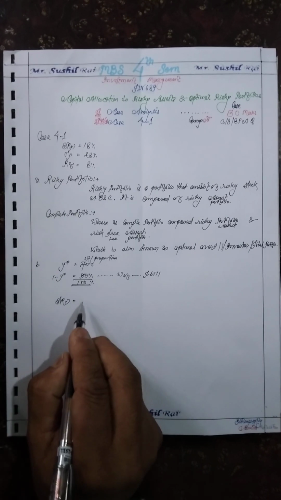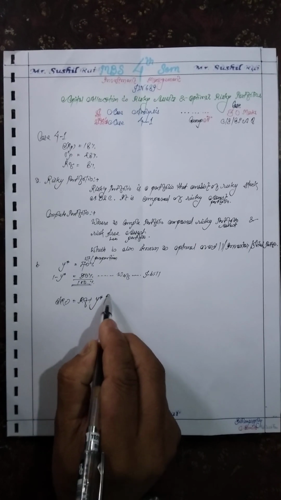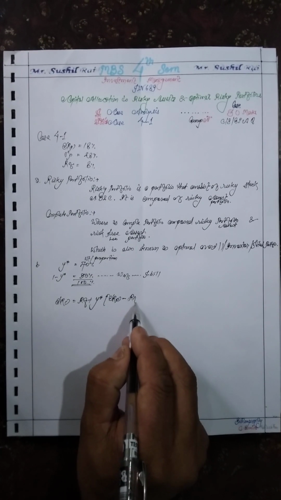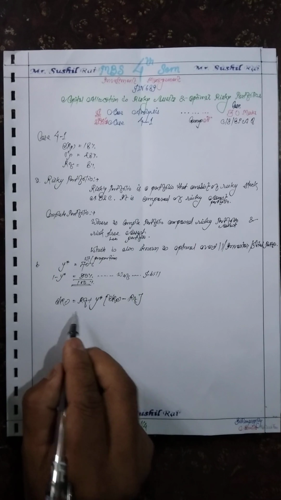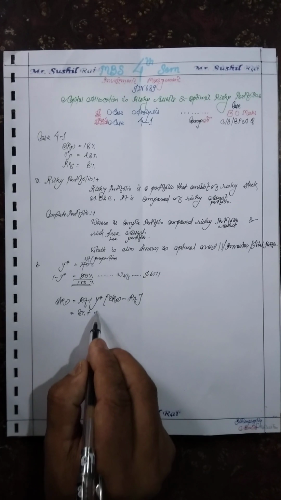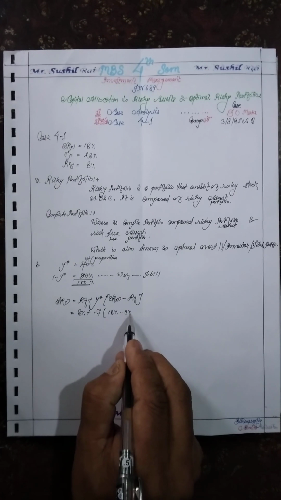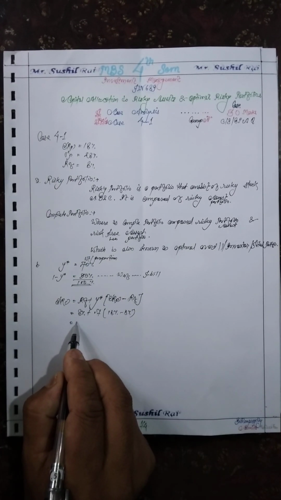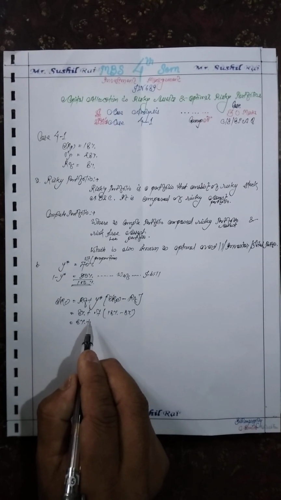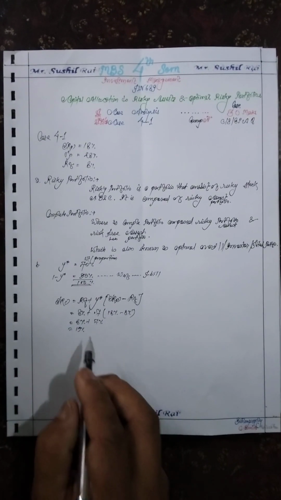E(RC) equals RF plus y star times E(RP) minus RF. RF is equal to 8%. So 0.7 times (18% minus 8%), 8% plus 7% is equal to 15%.